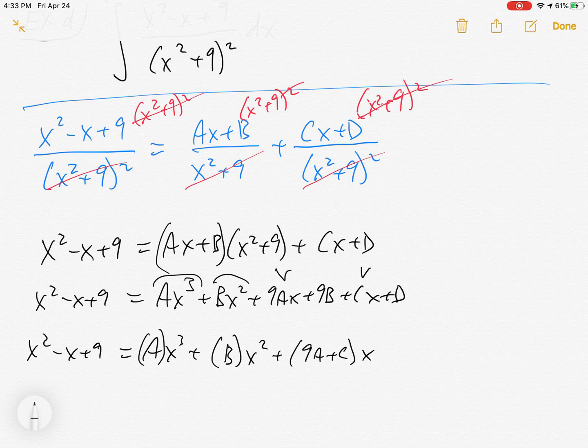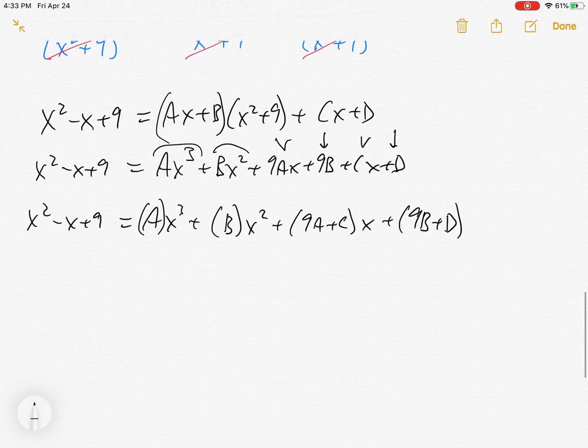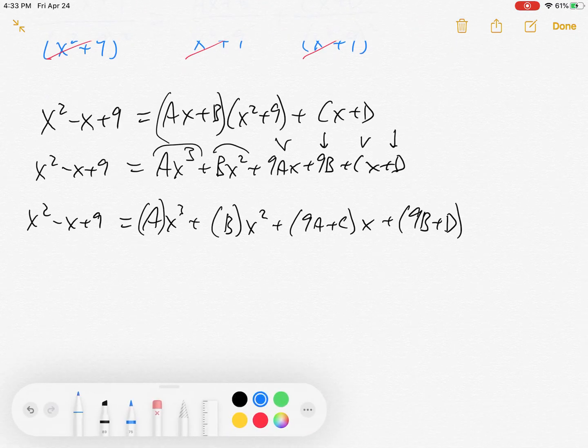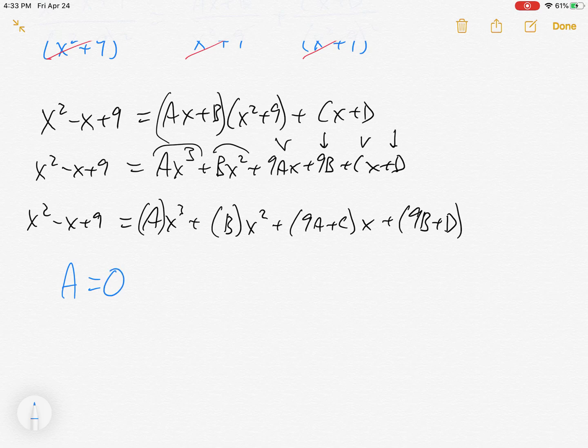We'll see. The squared terms, oh, only one of those. That one's accounted for. And then the linear terms, I have two of those: a 9a and a c. And then our constant terms. You don't really have to put them in parentheses, but I like the organization of seeing it really clear.